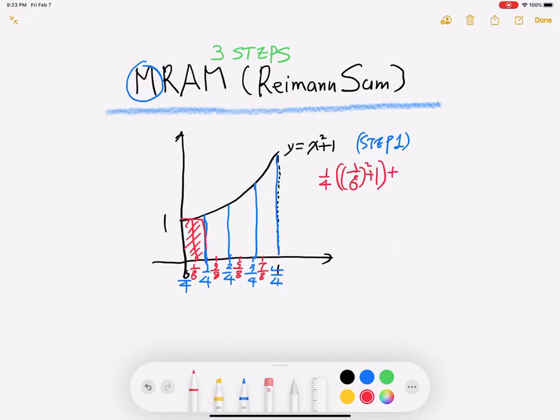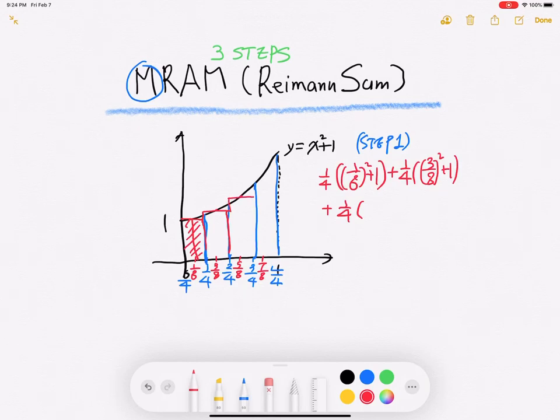Second rectangle's area, same length, 1 over 4 times. The height is going to be the y value at x equals 3 over 8 over here. Then the rectangle looks like this. That y value is (3 over 8) squared plus 1. What is the third one? 1 over 4 times the y value at x equals 5 over 8.